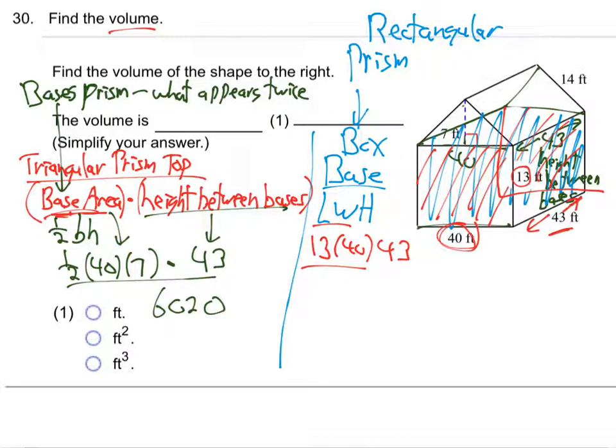You multiply those all together, length times width times height. Because it's really, length and width are the base times the height. All right, so 13 times 40 times 43. I'm getting 22,360.